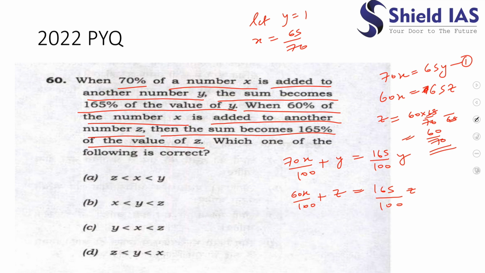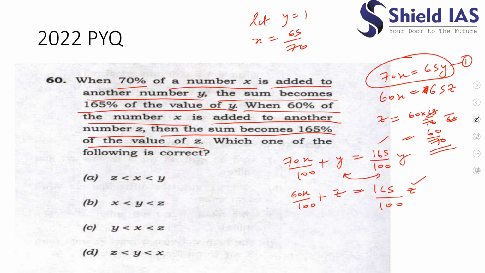When 60% of the number x is added to another number z, the sum becomes 165% of the value of z. And when 70% of the number x is added to another number y, the sum becomes 165% of the value of y. So then it would come 65y is equal to 70x.